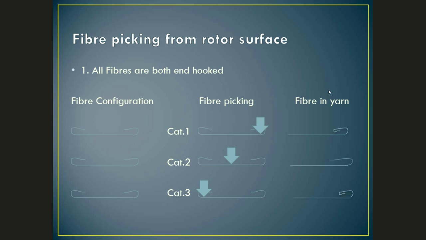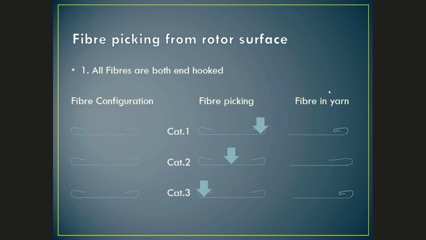Now there's category 2, where part of the fiber is still in the transport tube and part is on the rotor surface. Now it is being picked from somewhere in the middle part. It will form a leading hook. This portion may get straightened out. Now category 3, where the fiber is fully embedded on the rotor surface.